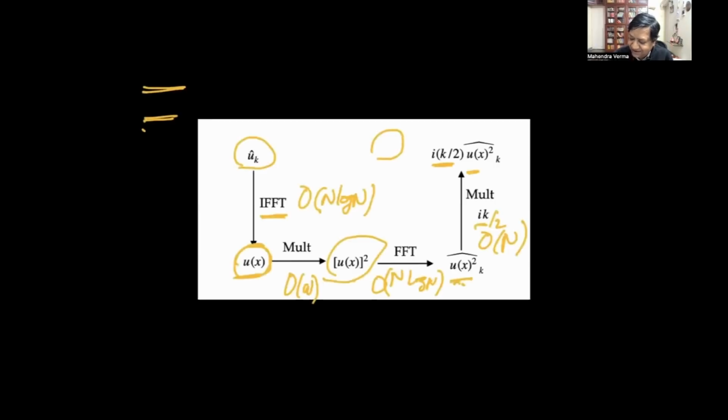Well, order means I don't care about prefactors. So this whole operation is order n log n plus order n, but order n is weaker than n log n. So the overall operation for computing the nonlinear term using FFT is order n log n. It is not order n squared.